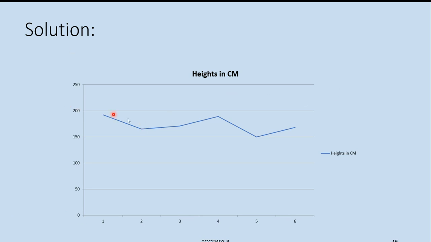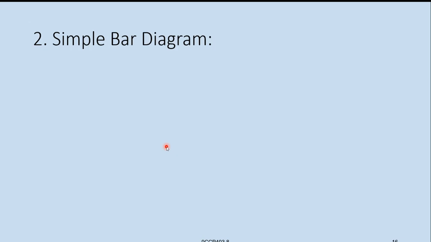These lines are nothing but indicating the height of the picture. And normally in graph paper, we will see all small boxes, as I said, 1 mm boxes, and 1 centimeter box also, combining all the 1 mm boxes. Okay.